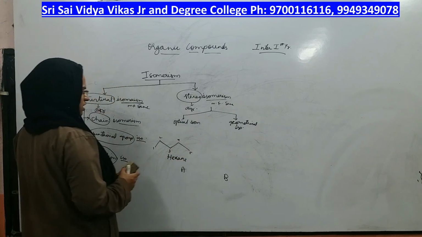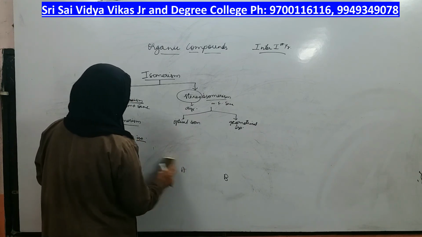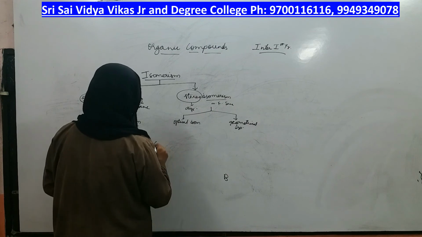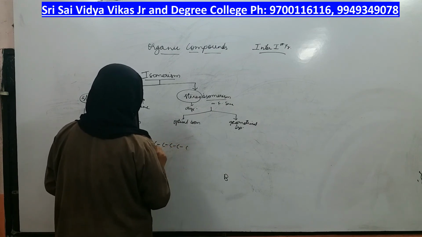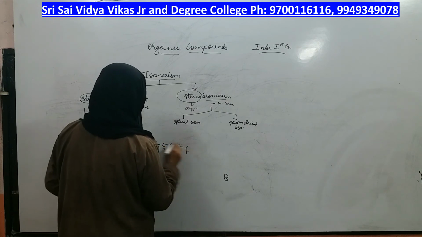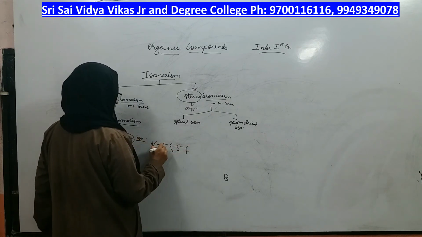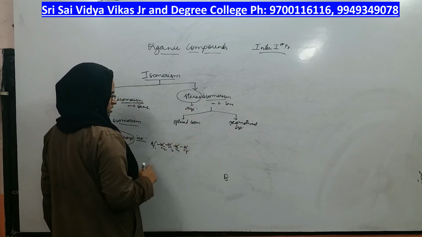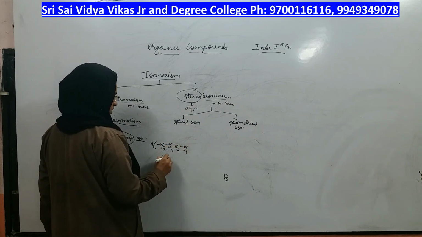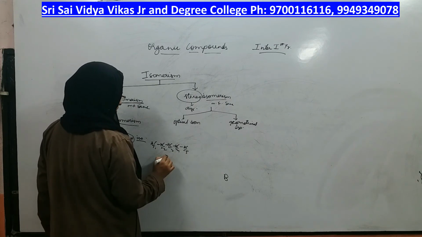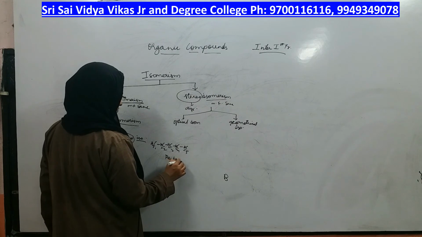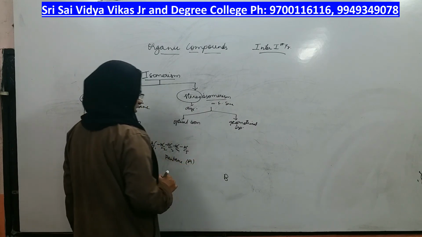Bond line structure, if it is not clear, I will take normal carbon-carbon bonds. 1, 2, 3, 4, 5. CH3, CH2, CH2, CH2, CH3, right? This compound name is hexane. Sorry, pentane. 5 carbons means pentane. And it is compound A.